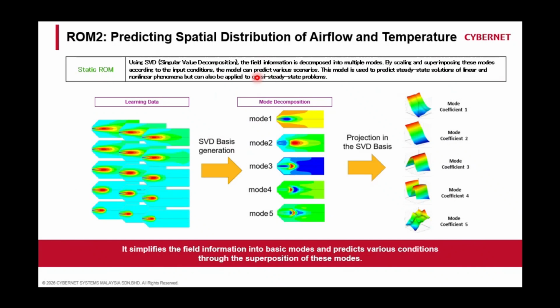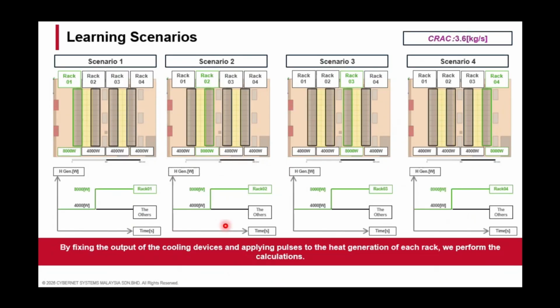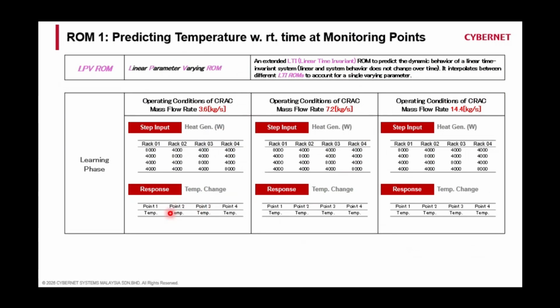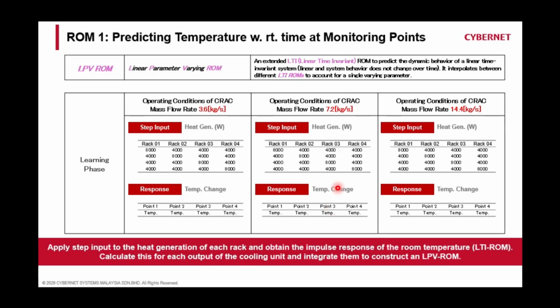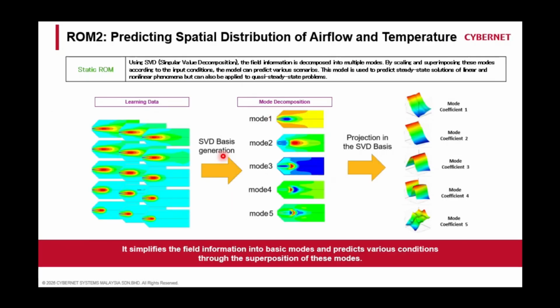The transient one is mostly for the monitoring points, where you see the temperature value at a point over time. But to see the overall flow field, the overall temperature profile or the velocity across the room, and to do it fast enough to give you the result, we need to rely on this static ROM.